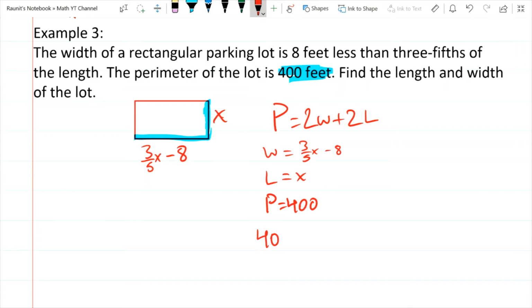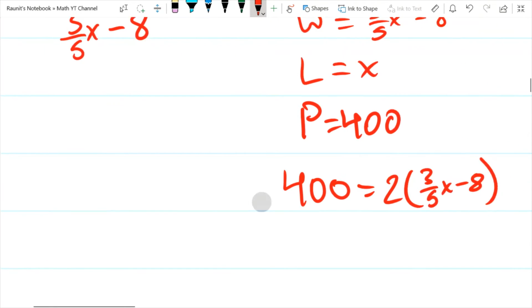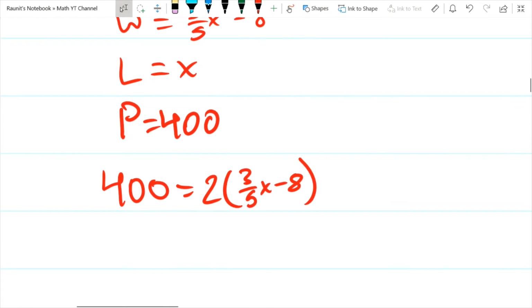So 400 is equal to, oh wait, I forgot the times 2. 2 times 3/5 x minus 8. I'm so sorry if you cannot see what I'm writing. Sorry for these technical difficulties. And then we're going to do plus 2 times L, which is equal to x.